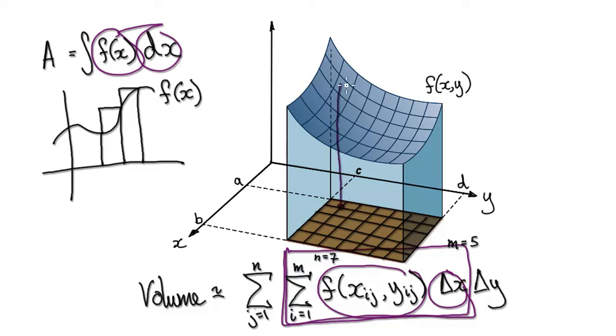So what this is doing is, from the location you put into the function, it would jump to the height, and then you merge it with this dx, so it will give you something like a sheet of paper. It will give you this strip of paper here. And then for the next location, it will be here, jump to the function, jump to the surface, and then you merge it with this, it will give you another strip of paper.